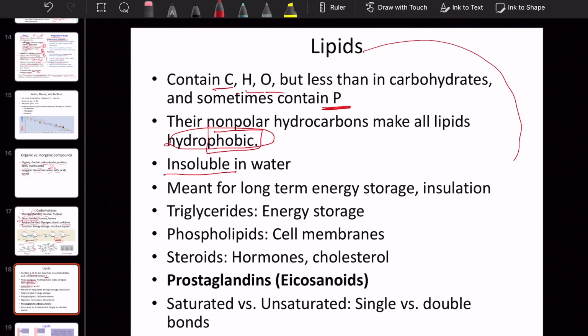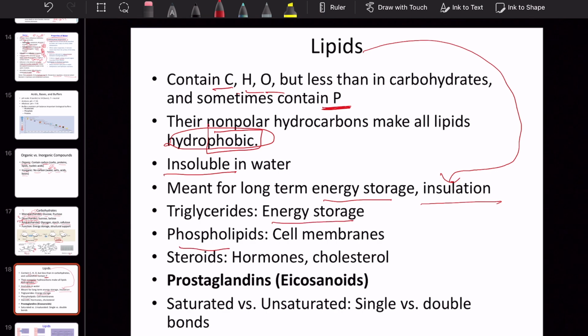What do lipids do? They are used as insulation. The fat is around your internal organs as cushioning. Then also energy storage. Triglyceride is an example of a lipid used for energy storage.